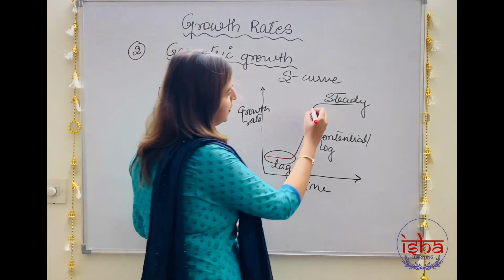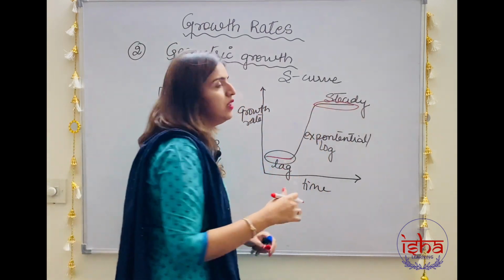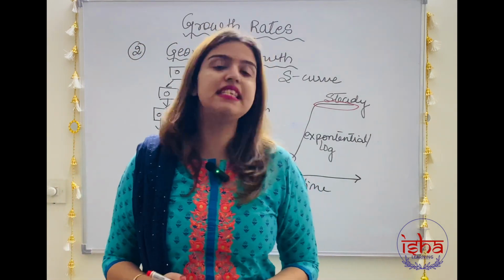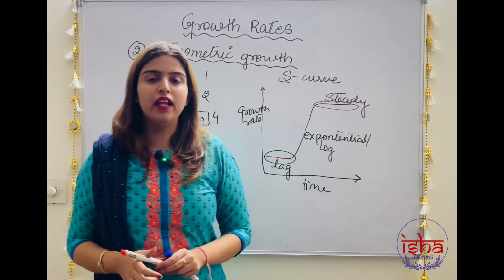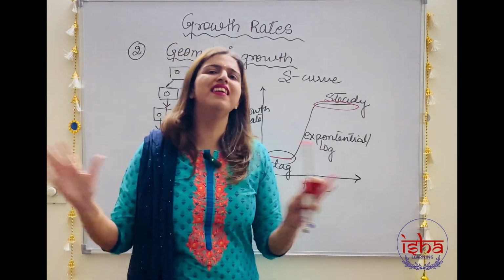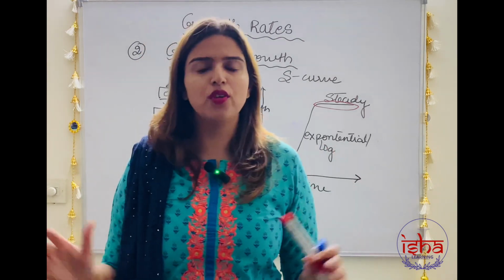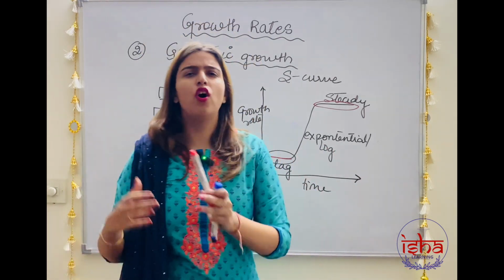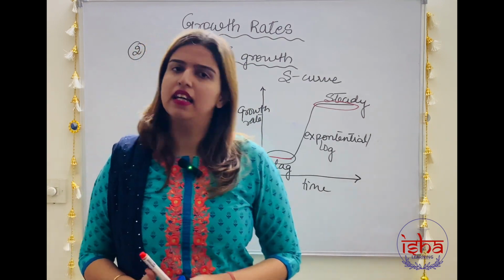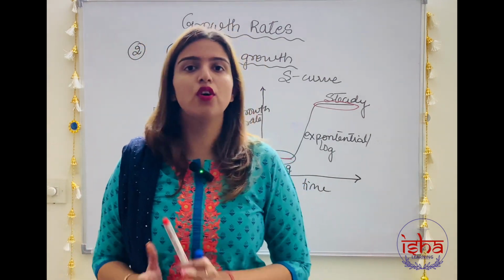After that, the exponential growth starts to decrease and we start to approach a steady state. Why is that? Well, in exponential growth we are assuming that the nutrients are unlimited. There is no competition. The nutrients are going to be there forever. Oxygen is not limiting, sunlight is not limiting, water is not limiting. Is that true? Well, it's not true.